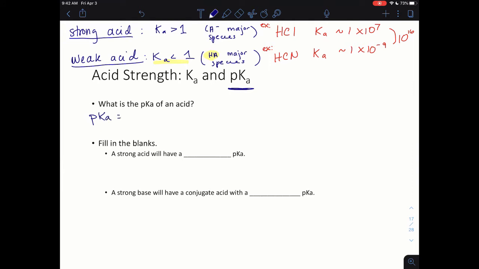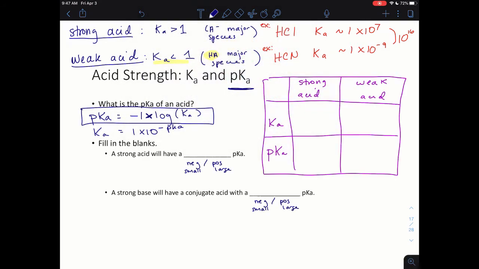Like in all chemistry, the little p means negative 1 times the log of whatever comes next. So the pKa of an acid is negative 1 times the log of its Ka value. And then, of course, if you know the pKa and you want the Ka, then the Ka is 1 times 10 to the negative pKa.